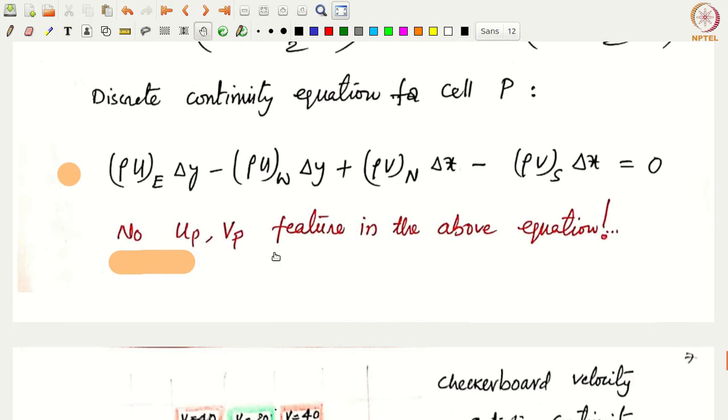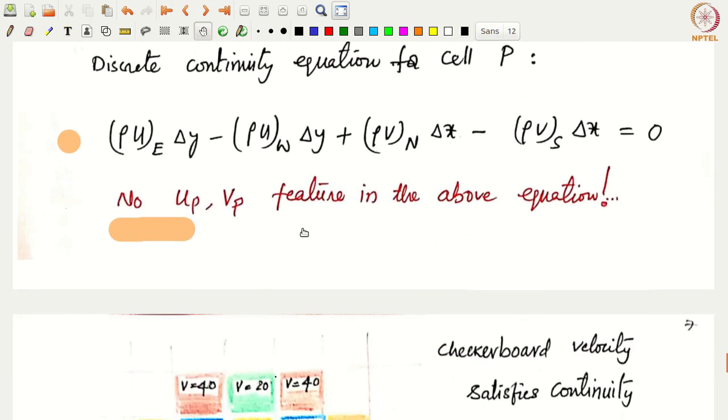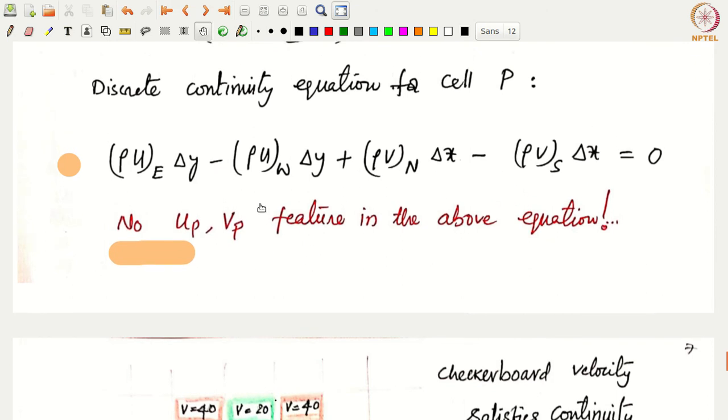Okay, all right. That means this kind of equation, because your UP and VP do not feature in it, can actually support a checkerboarded kind of velocity pattern. For example, if U east and UW are of the same value, however they are different from the value of UP, so U east equals UW but they are not equal to UP.